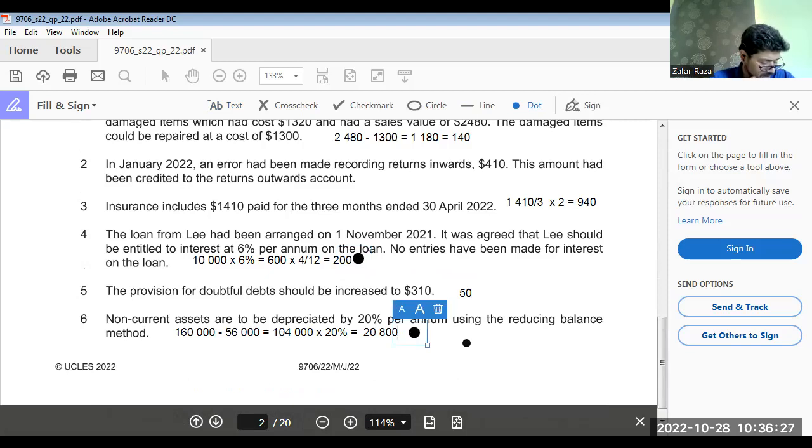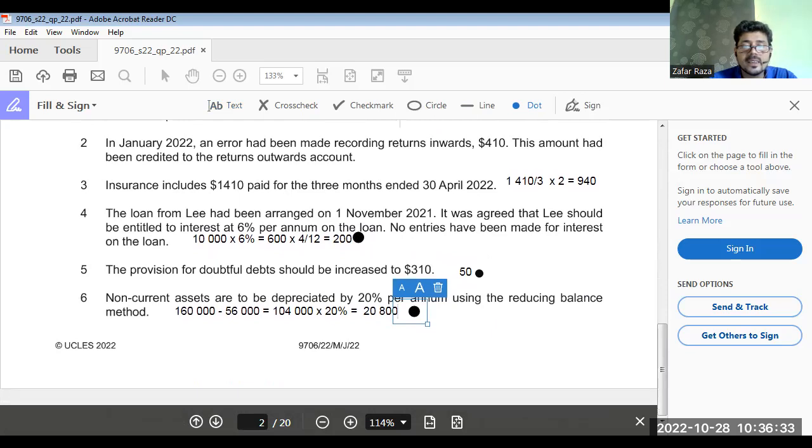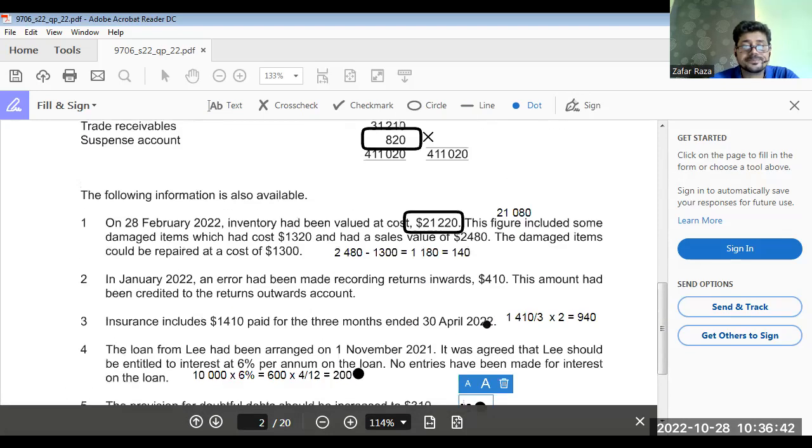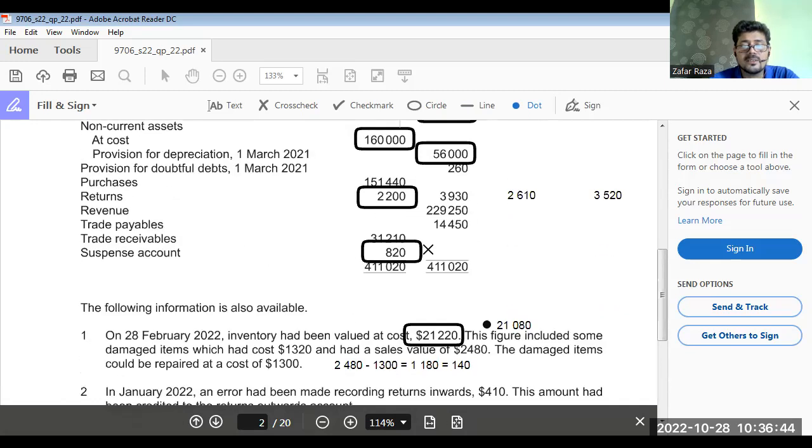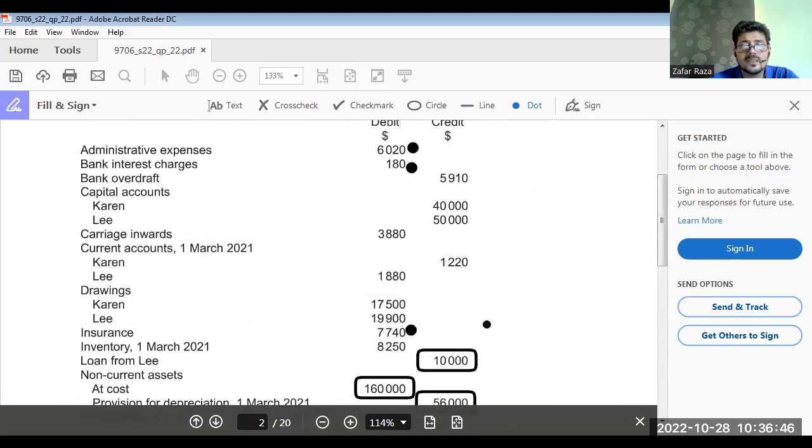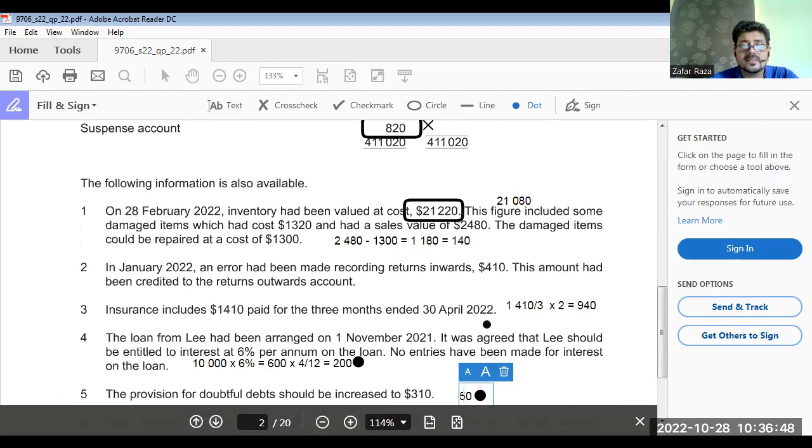Oh, something is left. Yes, increase in provision for doubtful debts, that's 50. Okay, one, two, three, 4, 5, 6 expenses.